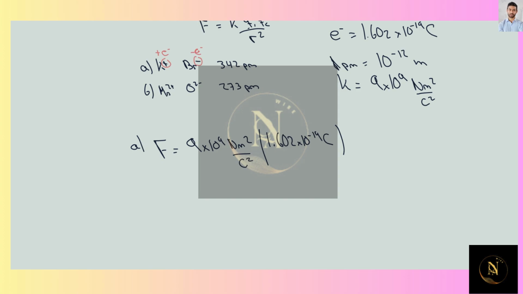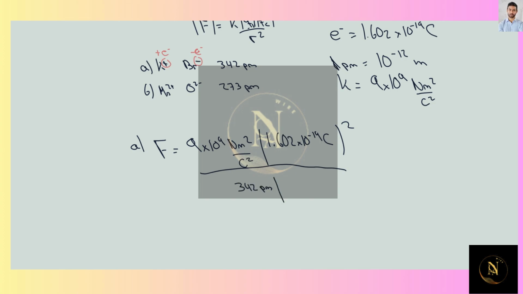In this case, we're just going to compare the magnitude. So if we want the magnitude of the force, we simply need to use the magnitude of the individual charges. So this becomes 1.602 times 10 to the minus 19 squared over the distance between these two ions, which is 342 picometers.